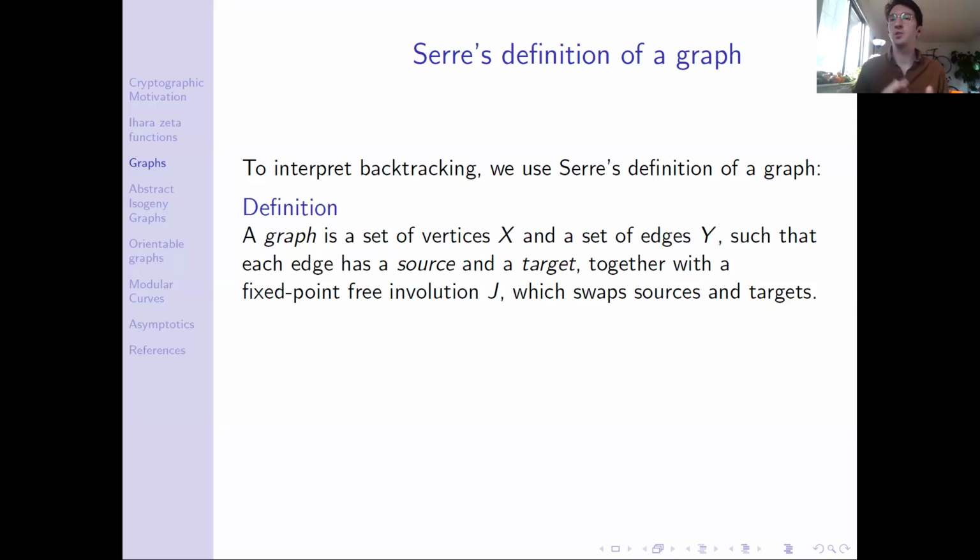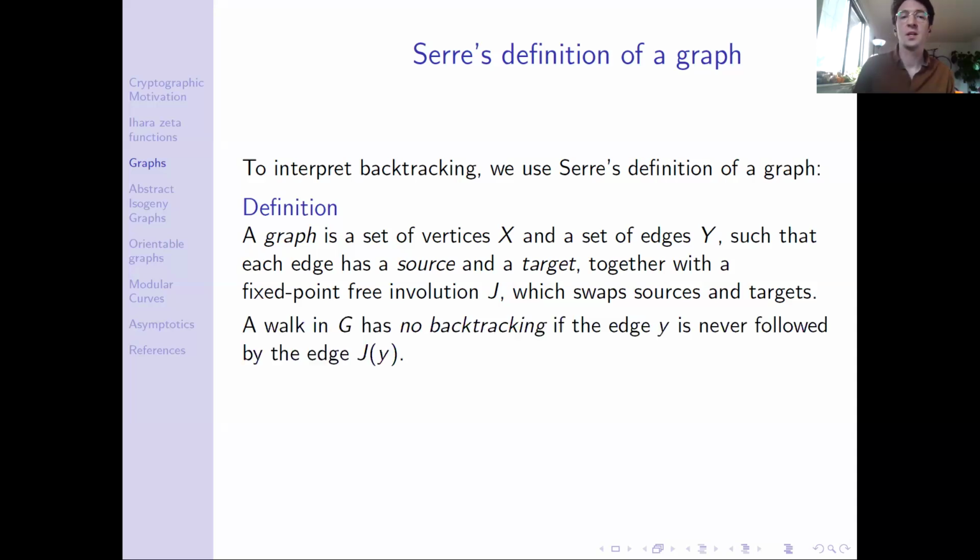So what you think of J as doing is identifying a pair of edges that are opposite of each other, right? So one edge goes from V to V prime, and then J of that edge goes back. And then you say a walk has no backtracking if you never follow an edge by its opposite under the J function.